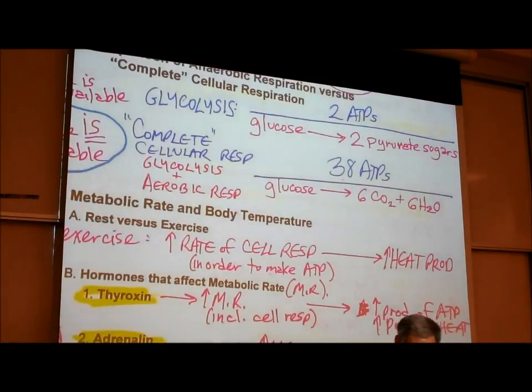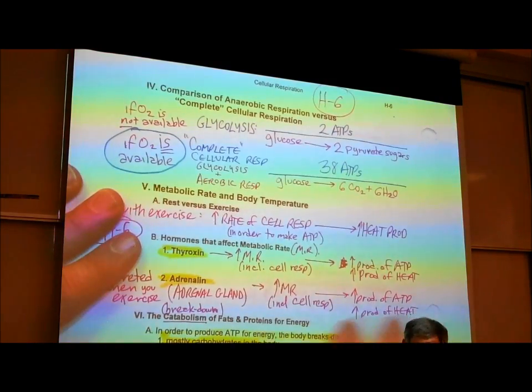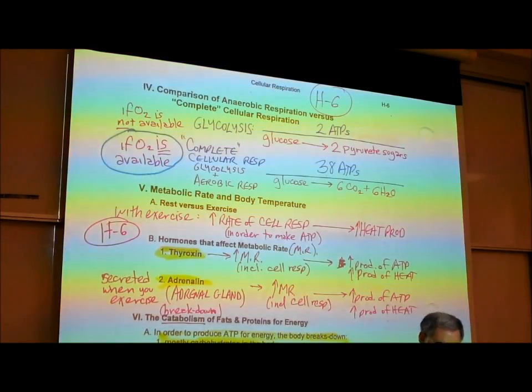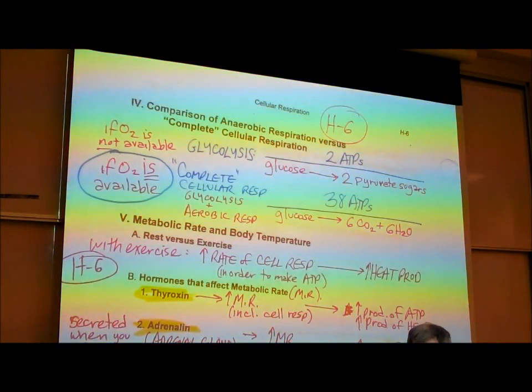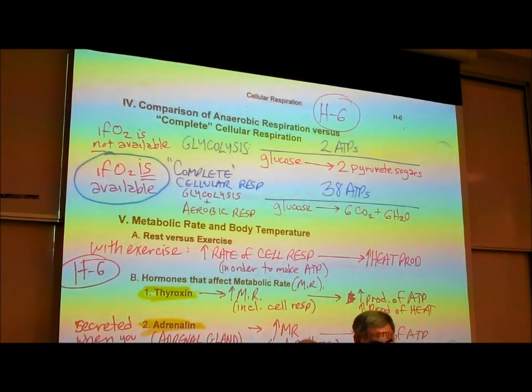On page H6, now let's try to really make sure we understand what difference it makes to a cell, to living things, whether oxygen is available or not.